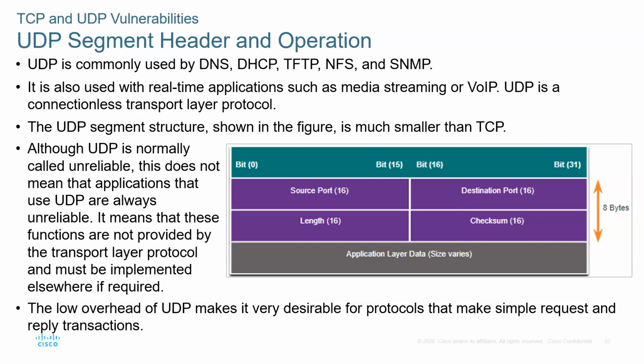So there are other protocols that will be added for reliability and to make sure that the data gets there and is reassembled correctly, because you're going to have to leave your LAN when you're doing voice over IP, for example, or streaming videos or things like that.